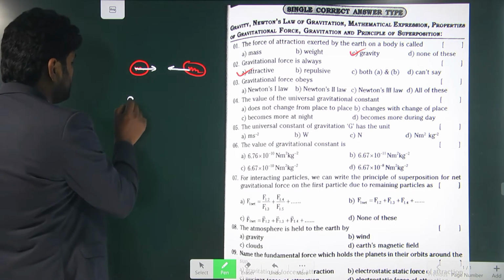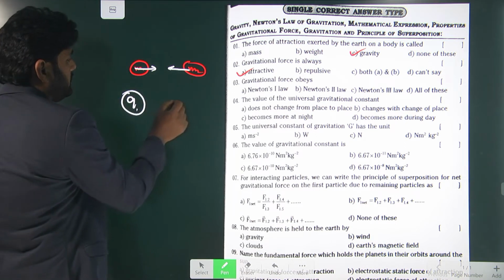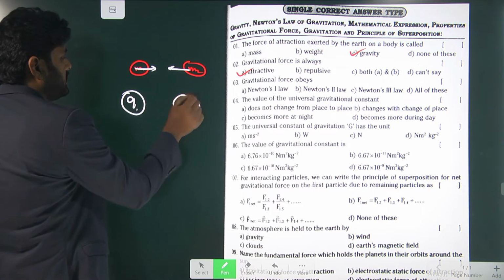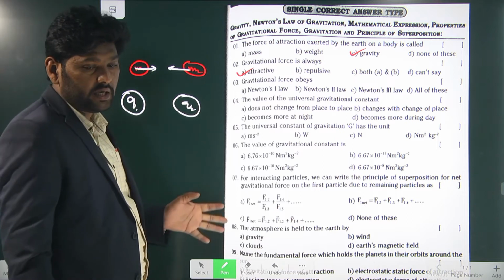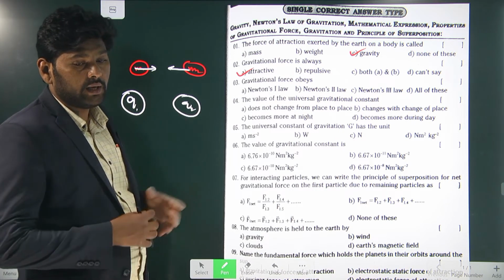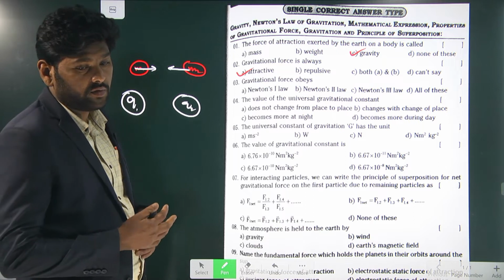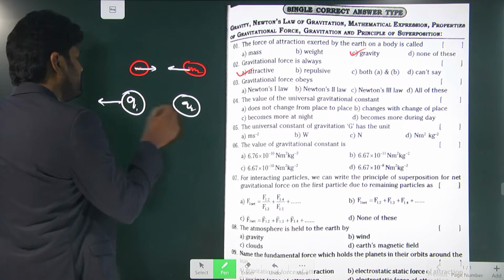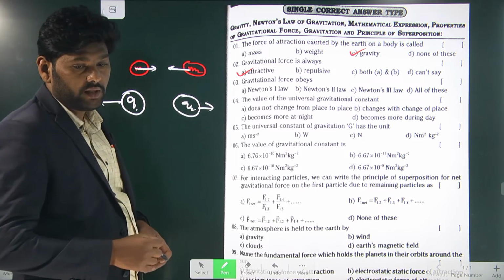But if you see one charge and one more charge, if these two charges are of a similar kind, what kind of force will exist? Repulsion force exists between the charges.